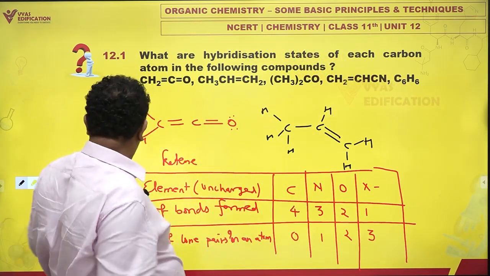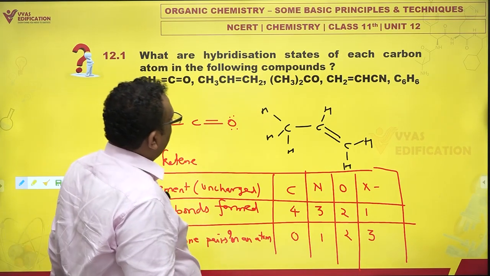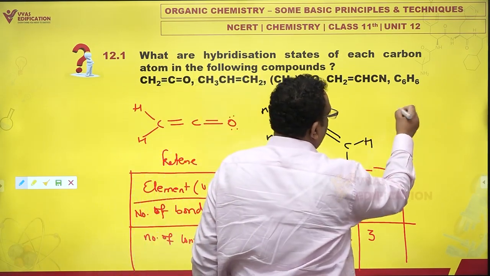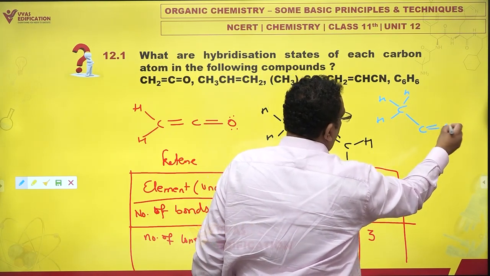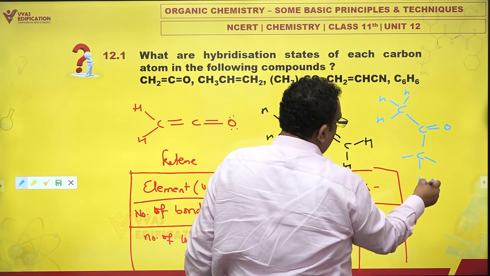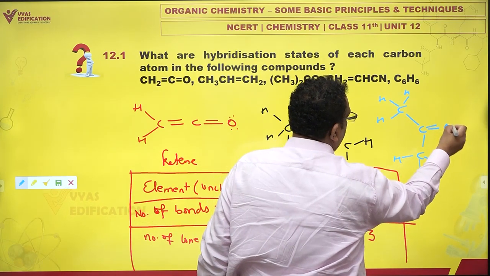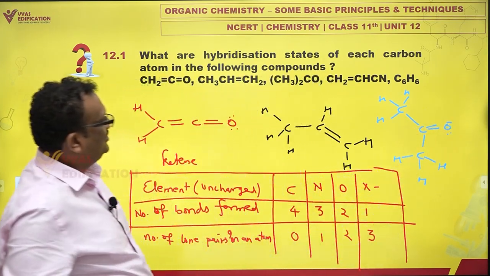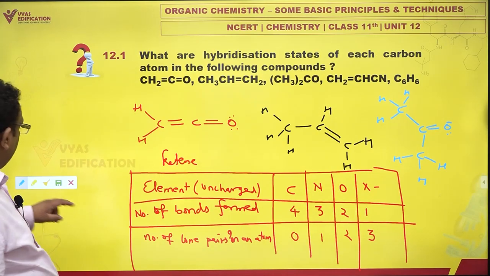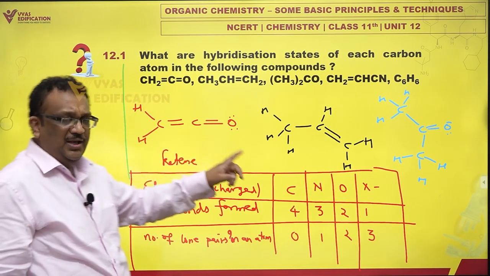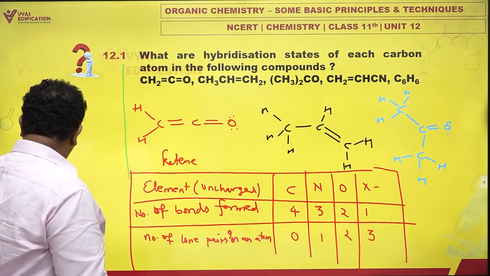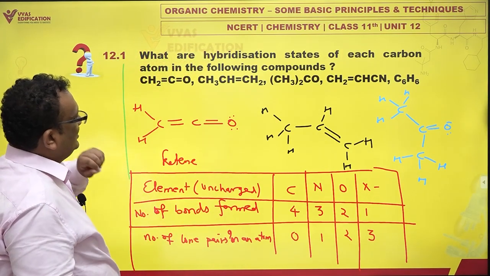Let me draw all of them so that you can take a good look. Then we have CH3-CO-CH3, acetone. Lastly, the last 2 compounds also. Let me just first solve them and then I'll go to them.